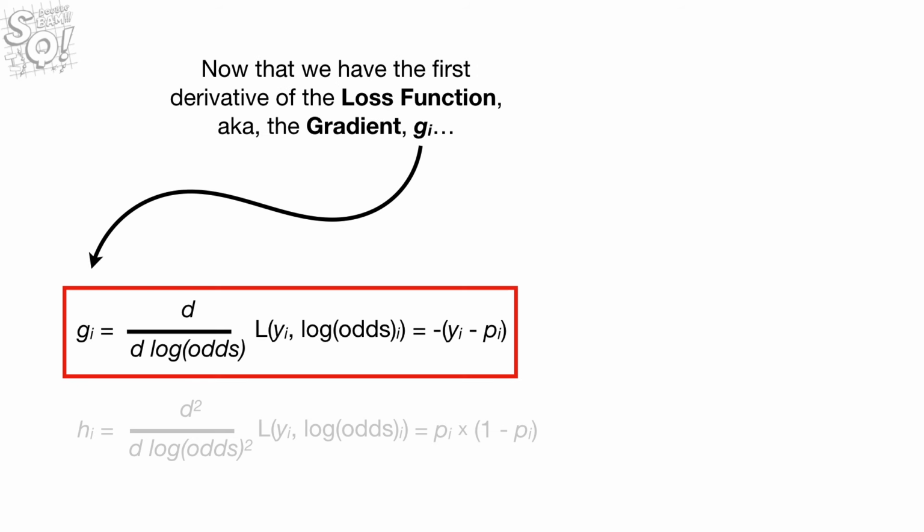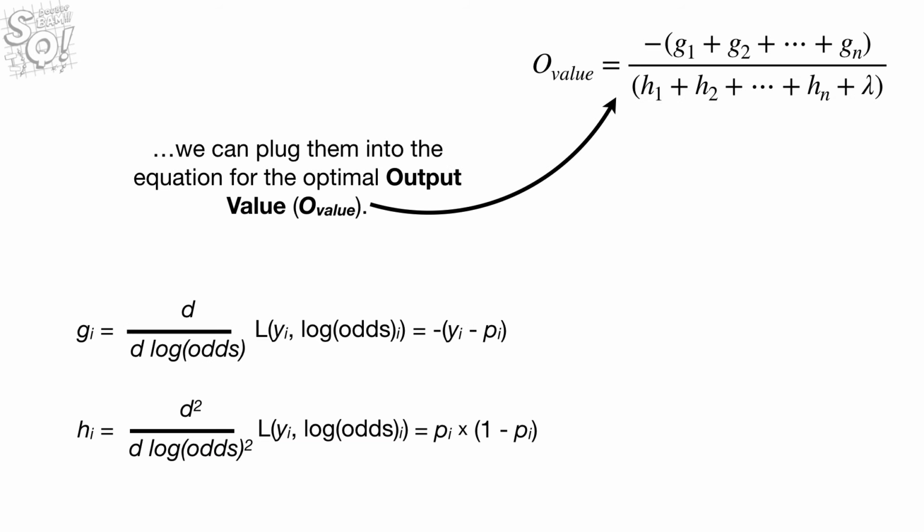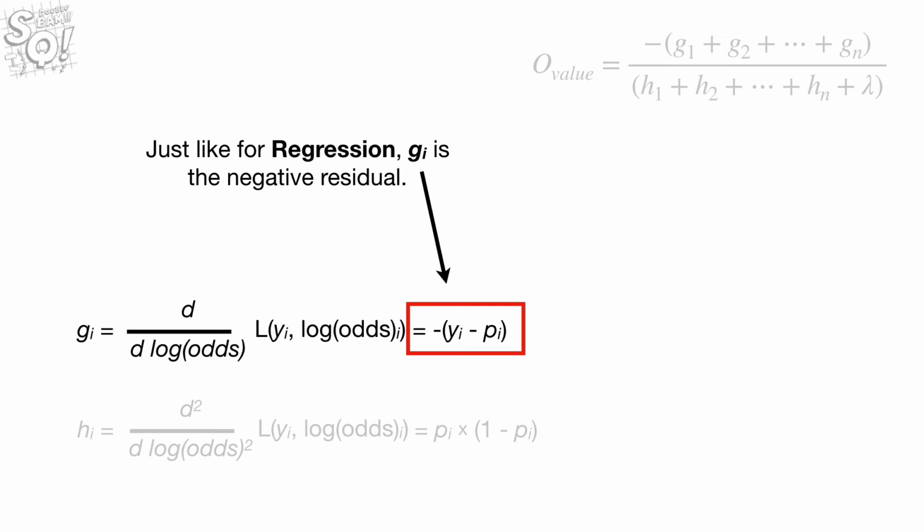Now that we have the first derivative of the loss function, aka the gradient, g sub i, and the second derivative of the loss function, aka the Hessian, h sub i, we can plug them into the equation for the optimal output value. Just like for regression, g sub i is the negative residual.